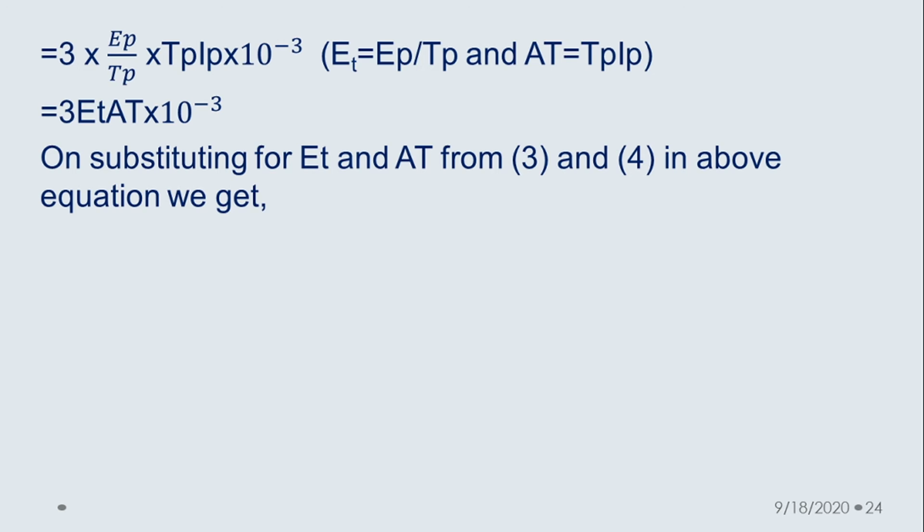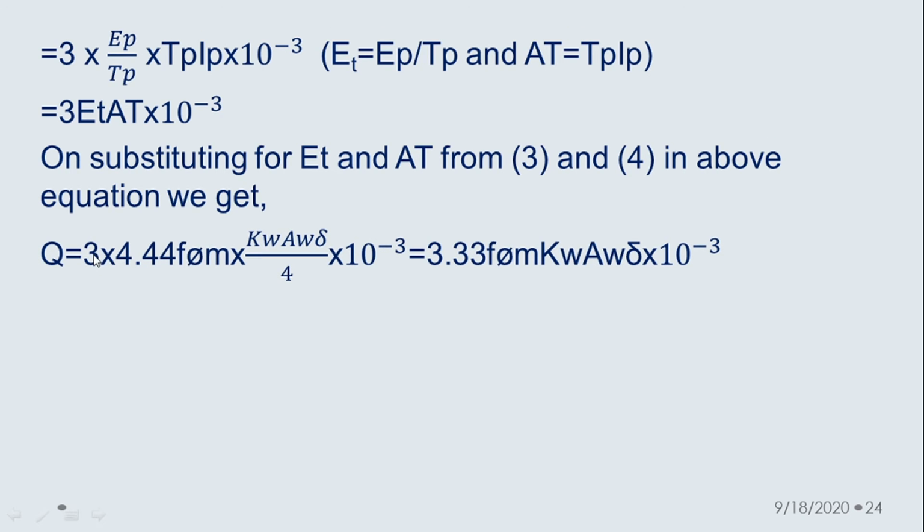On substituting the values of ET and AT, that is EMF per turn and ampere turns, from equations 3 and 4, we get Q equal to 3 into ET, which is 4.44 F phi-m, into AT, the ampere turns, which is kW AW delta by 4, into 10 to the power minus 3.